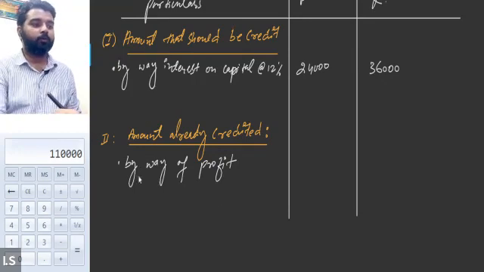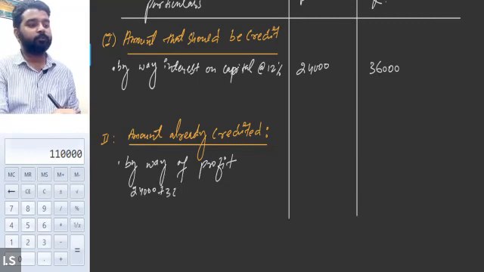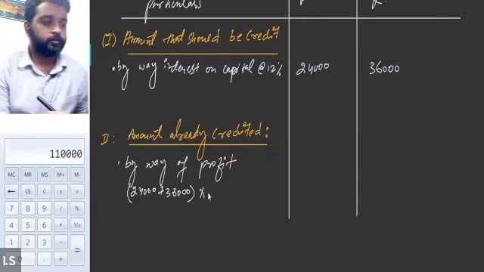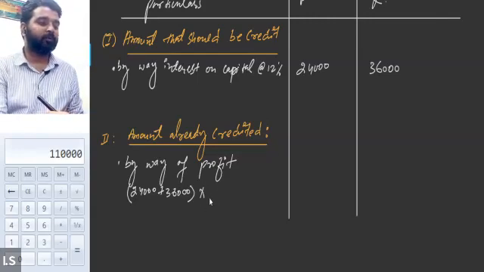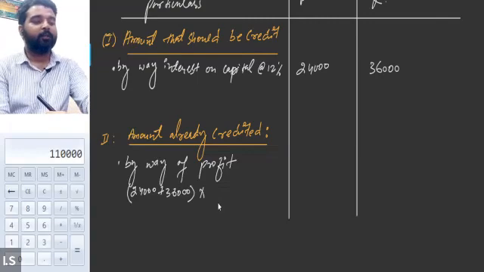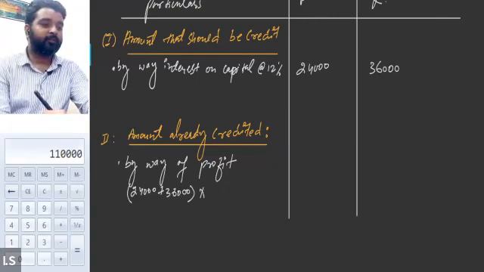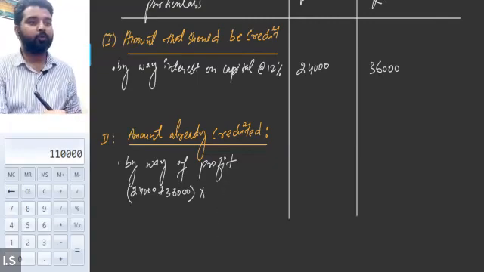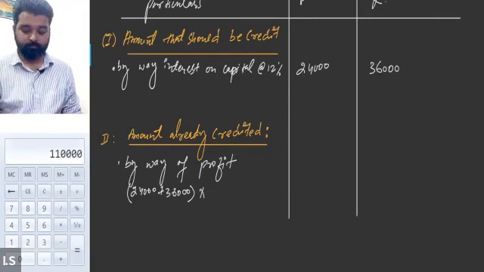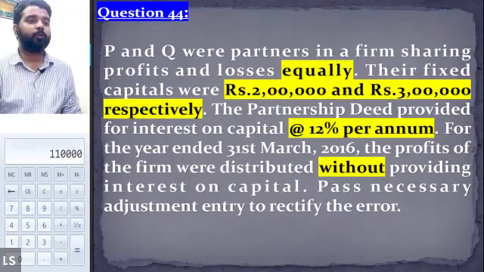So we have made a mistake in respect of 24,000 plus 36,000. Both these values are divided among the partners as profit. The sum total of 24,000 plus 36,000 is 60,000. Am I right? Now this 60,000 must have been divided among the partners in the ratio of 1:1, since P and Q are both equal partners.